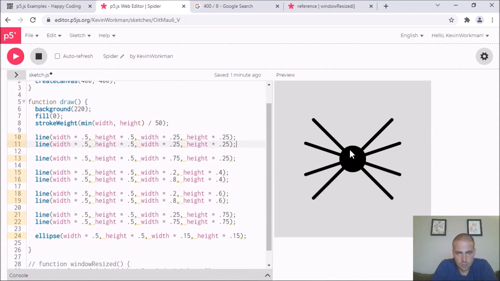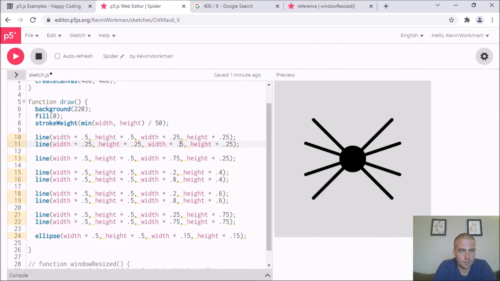Okay, so here's my first leg, going from width times 0.5, height times 0.5 to width times 0.25, height times 0.25 up here. So I want to start at the ending point of my first line, and go until, maybe width times 0.5.